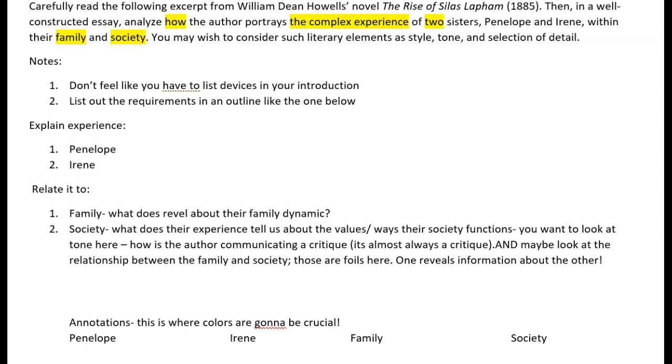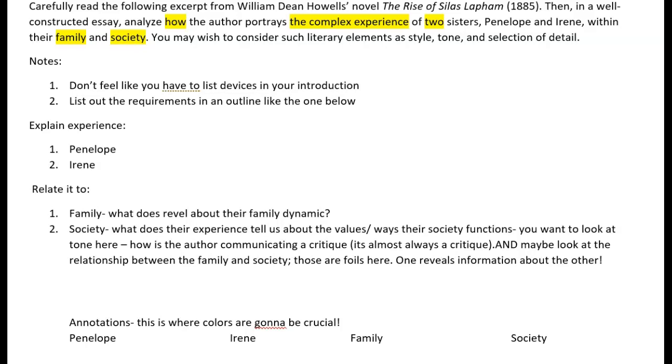So you want to think about how, in many ways, society and the characters are foils for each other, how the behavior of the character reveals like the deeper meaning of society or the criticism within society. And what I found last year when kids were doing this is that their annotations weren't probably as good as they need to be.